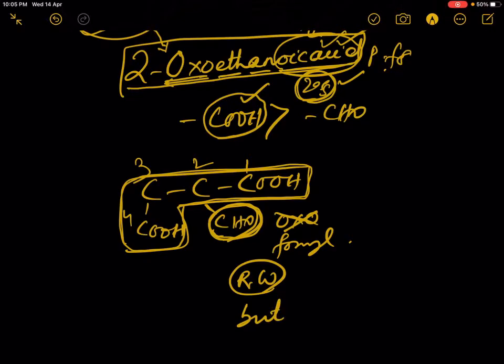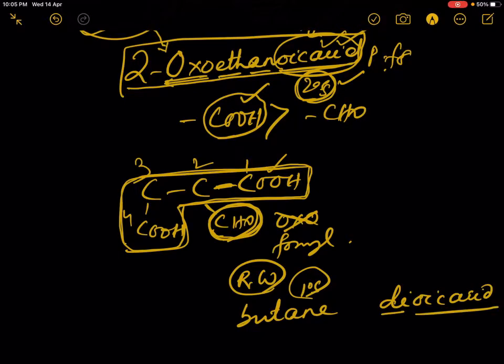For carbon-carbon single bonds, an is the primary suffix. Then COOH is present at 1 and 4, so you can write dioic acid. Why dioic acid? Because there are 2 COOH groups at 1 and 4, so butane 1,4 dioic acid, and this CHO group is written as 2-formyl butane 1,4 dioic acid.